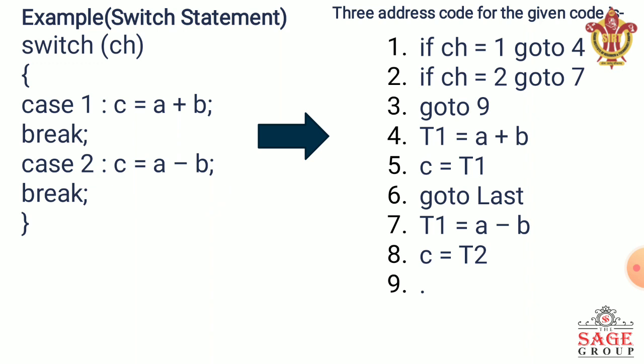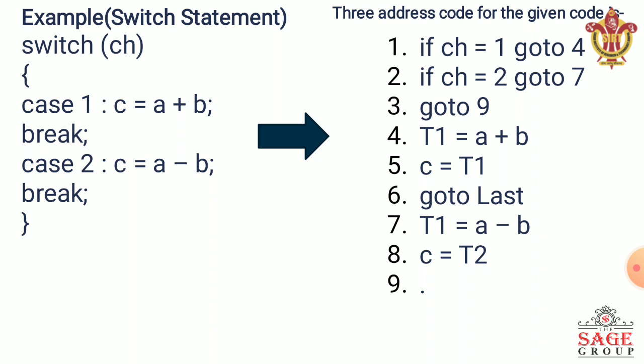If ch is not equal to both of these cases, then we directly go to the remaining portion of the program or the end of the program, which we can write either as go to 9 or go to next.